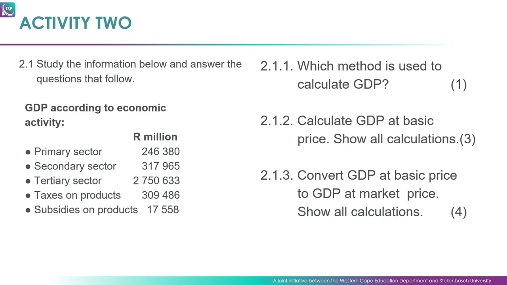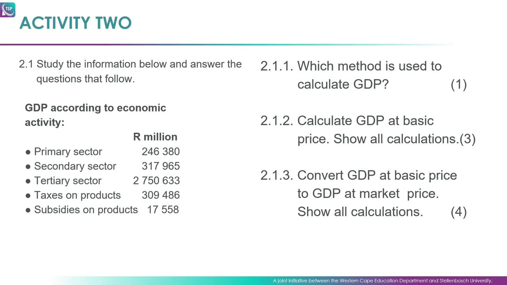And if you're just writing a whole lot of numbers, it makes the marking a bit difficult, especially if you're marking 50 scripts from one class. And so therefore, rather set out your answer in the way that you've been taught, right? You set out your answer according to the formula that you have been given.